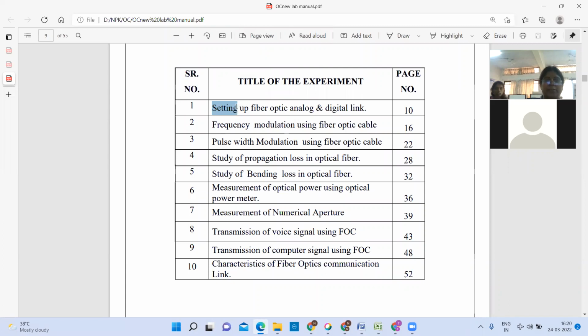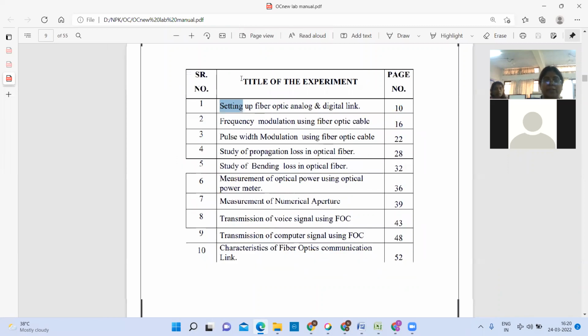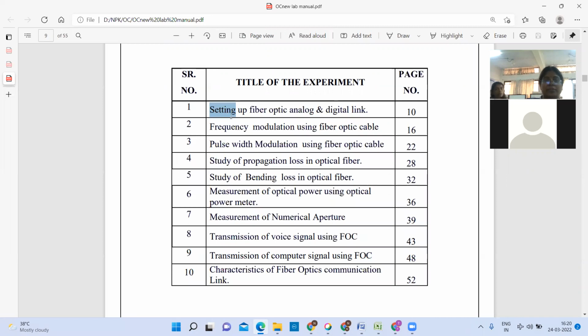First 3 experiments are based on what? Transmission of electrical signal, analog, digital, FM, and then PWM signal.